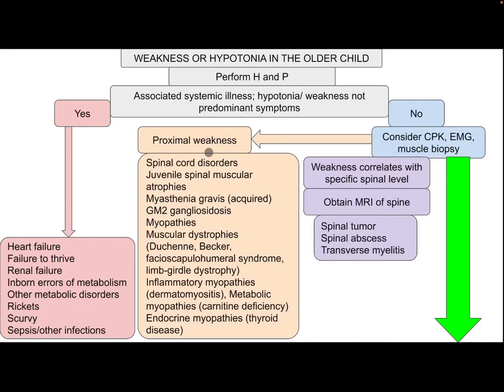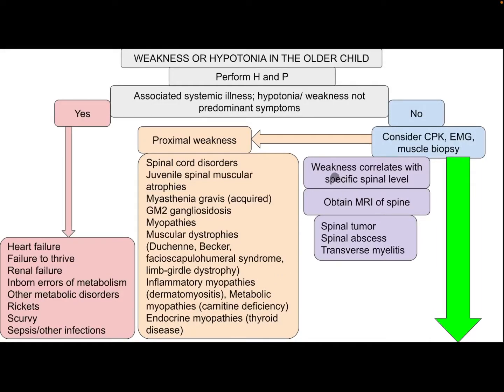According to the site of weakness, if it is a proximal weakness, the differential diagnosis includes spinal cord disorder, juvenile spinal muscular atrophies, acquired myasthenia gravis, GM2 gangliosidosis, myopathy, muscular dystrophy, Duchenne, Becker, facioscapulohumeral syndrome, limb girdle dystrophy, inflammatory myopathy, dermatomyositis, metabolic myopathy, carnitine deficiency, endocrine myopathy like thyroid disease.